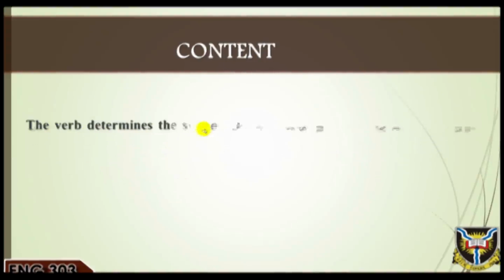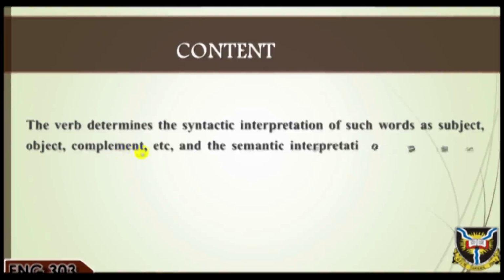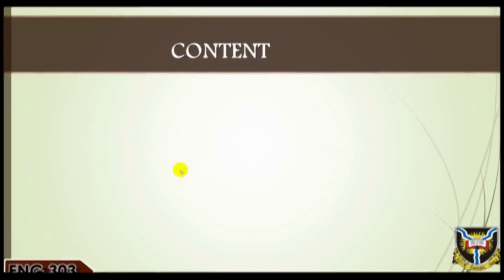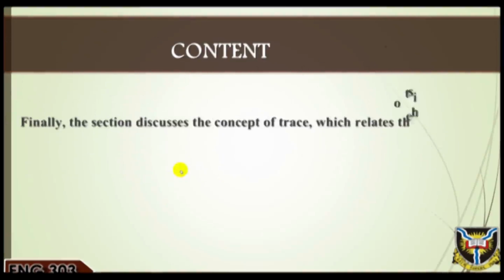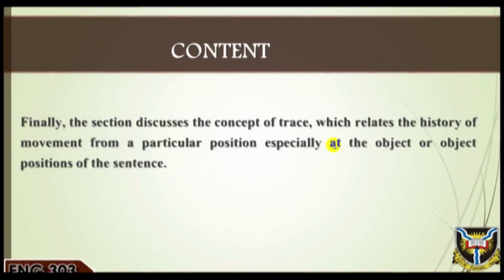The verb determines the syntactic interpretations of such words as subject, object, complement, and so on, and the semantic interpretation as agent, patient, goal, instrument, and so on in the sentence. Finally, the section discusses the concept of trace, which relates the history of movement from a particular position, especially at the object position of the sentence.